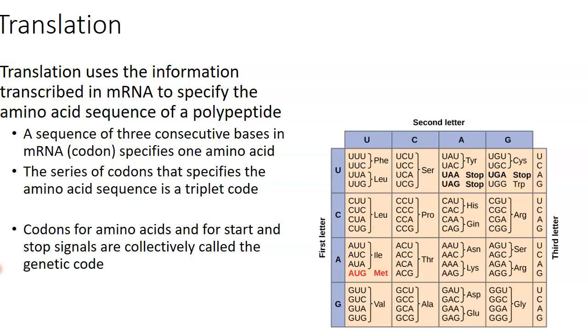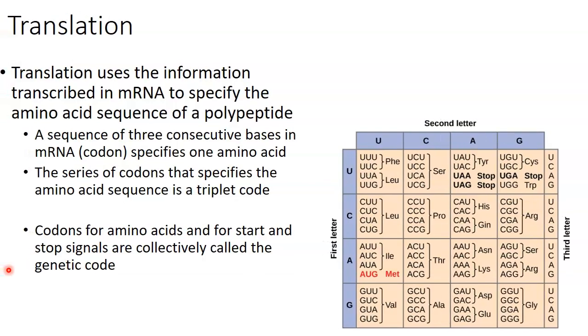I want to remind you of that genetic code. So what translation is, it's when we take the information that was transcribed in the mRNA from the DNA, and we're going to use that information to build a polypeptide. That mRNA is going to be read by the ribosome 3 bases at a time. So when we talk about the genetic code, these are codons, right? So 3 bases. This is mRNA.